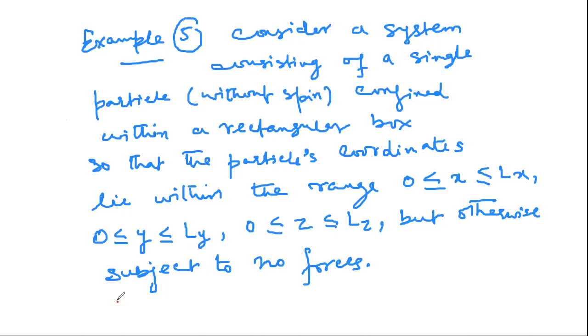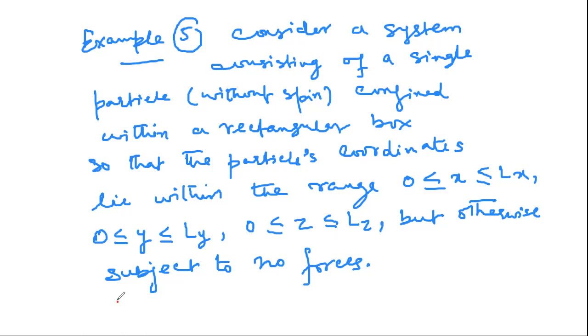So the particle's coordinates lie within the range: its x coordinate can be equal to 0 or greater than 0, but maximum it can be Lx, and y and z coordinates have similar restrictions. Lx, Ly, Lz represent the sides, or edge lengths, of the box. We assume it is otherwise subject to no forces.